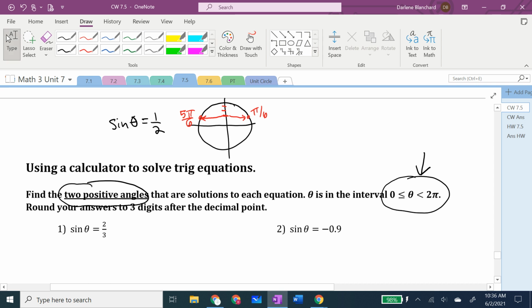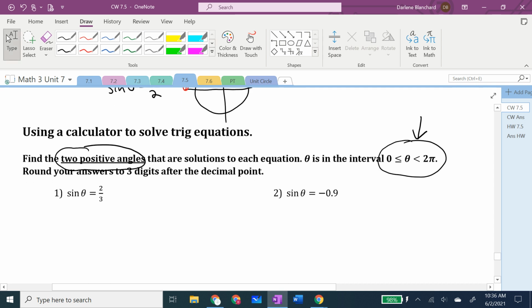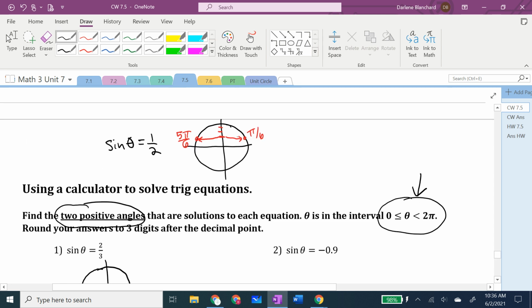Now, with the equation sine theta equals 2/3, I want you to be aware that just like before, drawing a horizontal line where y is equal to 1/2 allowed us to see the angles that would give us 1/2 when we asked what is the sine of that angle.